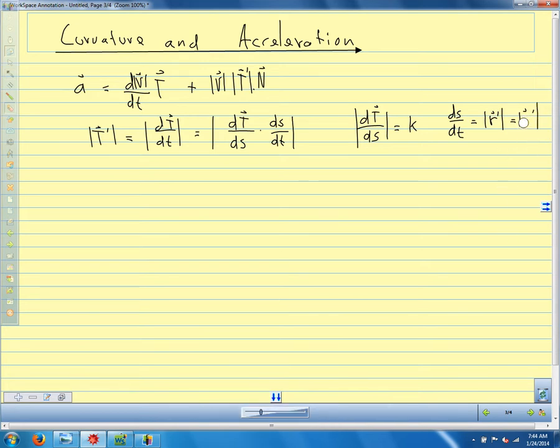So the magnitude of T prime equals the magnitude of the velocity times the curvature.